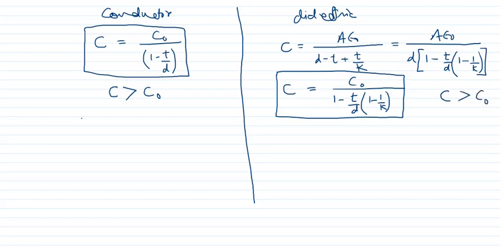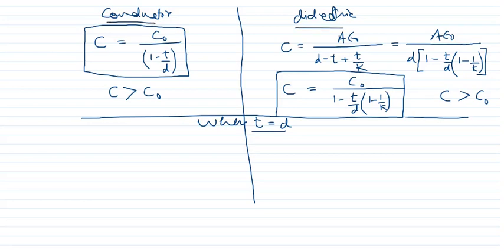Now in both the cases, when T is equal to D, meaning the whole space is filled with either dielectric or the conductor, what will happen?